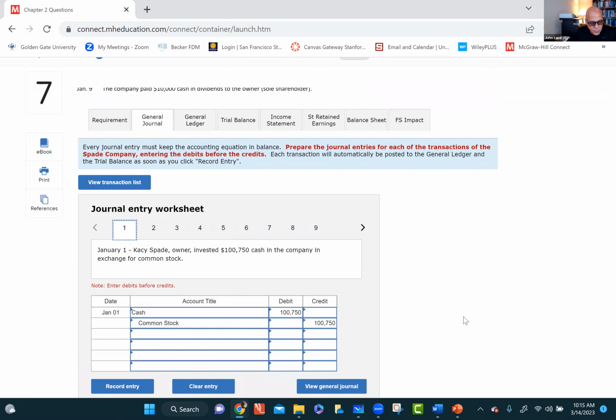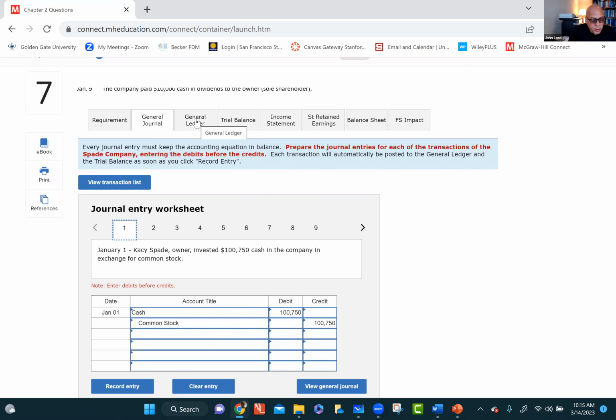Let me go back. That transaction is sitting there in the general journal. Okay, good. When we look at the general ledger, what should we see? Do we know what a general ledger is?